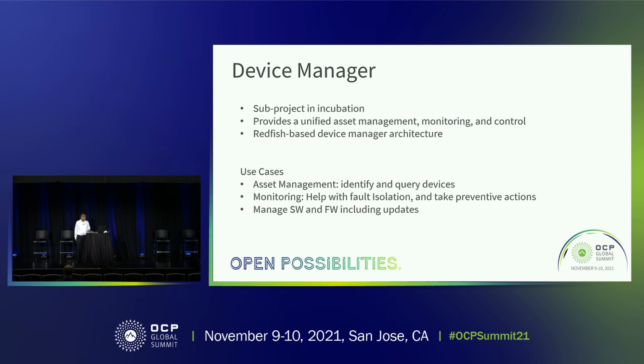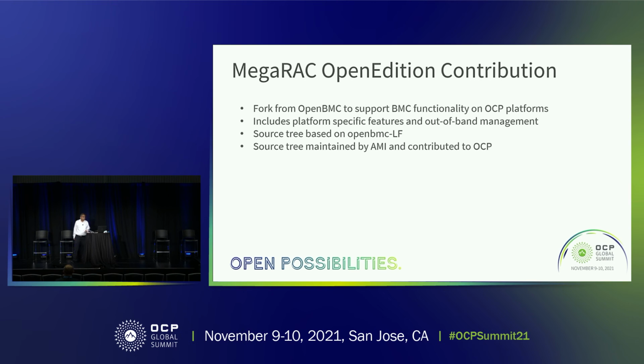Okay. And lastly, we have MegaRack, which is a contribution that was made to OCP. This is the open edition that is a fork from OpenBMC, but allows supporting BMC functionality on OCP platforms.